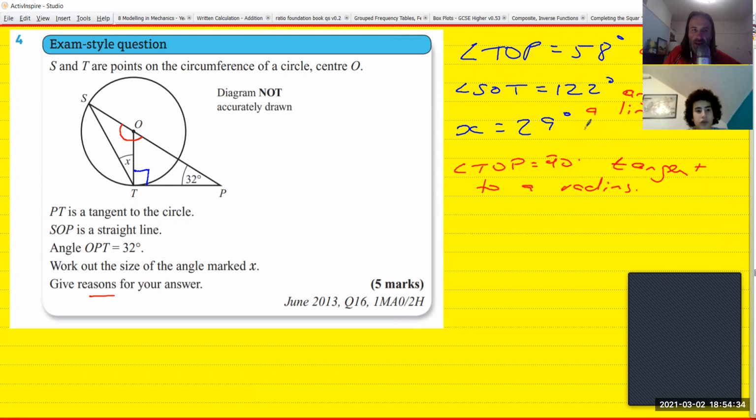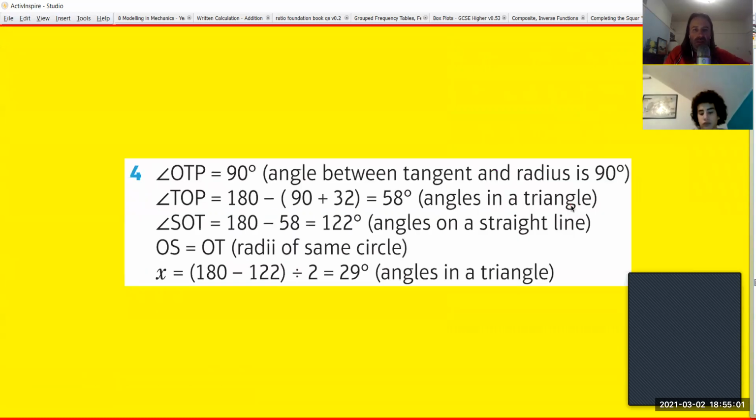In an isosceles triangle, there's two equal angles and one that's different. The two that are the same are called base angles. Base angles are equal. Yeah. Okay. That's great.